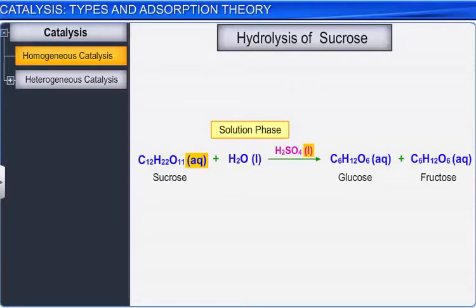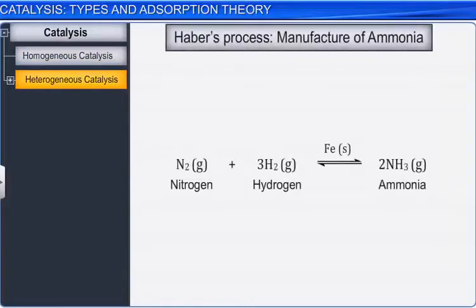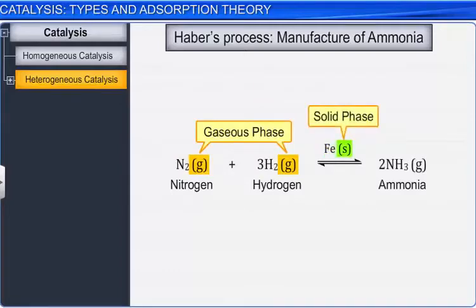Let us now discuss heterogeneous catalysis. Consider the manufacture of ammonia by Haber's process. Both the reactants, nitrogen and hydrogen, are in the gaseous phase, and the catalyst, iron, is in the solid phase. A reaction where the catalyst involved in the reaction is in a different phase than that of the reactants is known as heterogeneous catalysis.